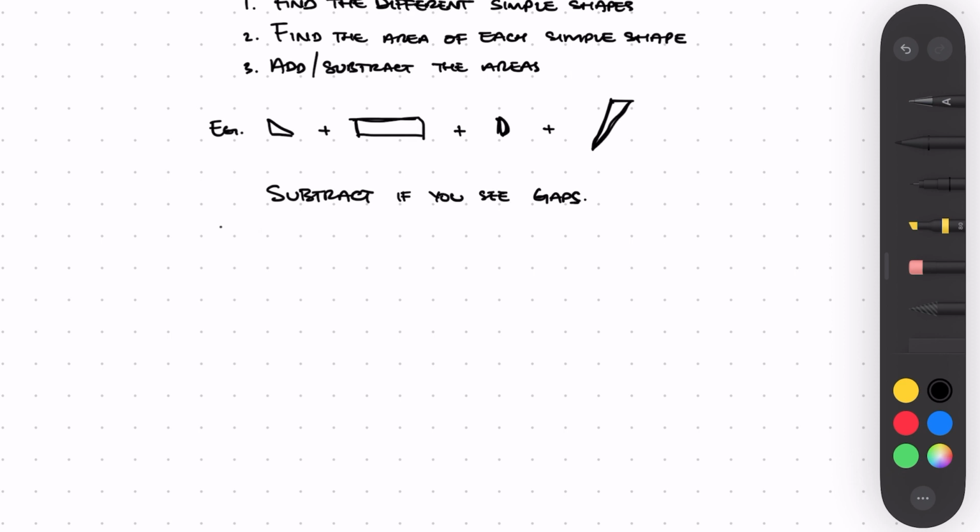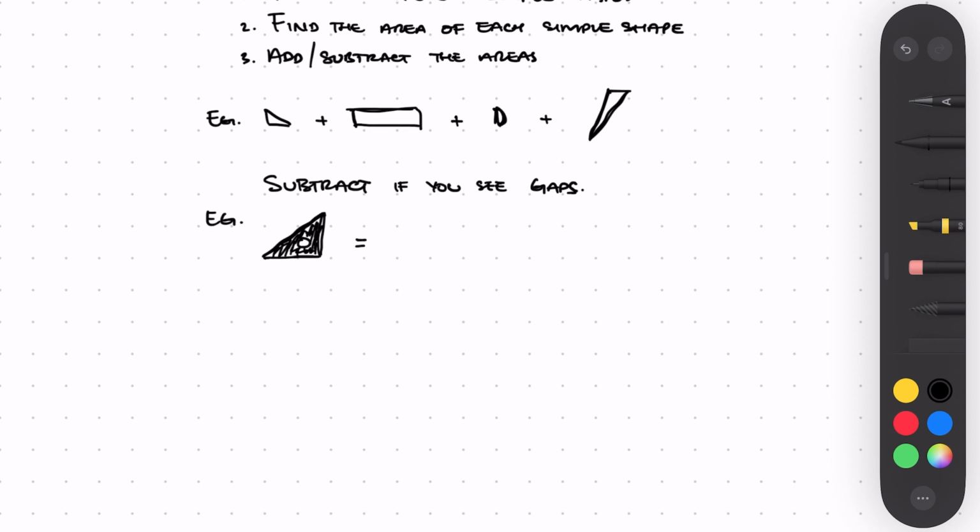So for example, we'll have a picture of a triangle here, and in the triangle, let's say that there is a circle, right? And this is the area that you're looking for. It's an image with a triangle, and it has that little circle in the middle there. So that would equal the area of the triangle minus the area of the circle. And so you'll just need to find each individual shape, and then you can just subtract.